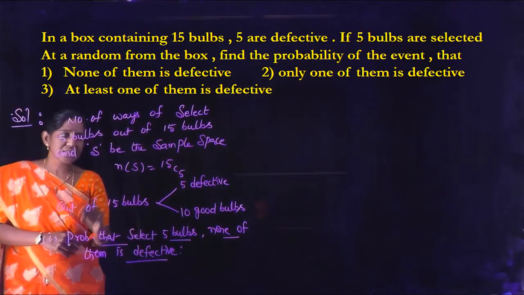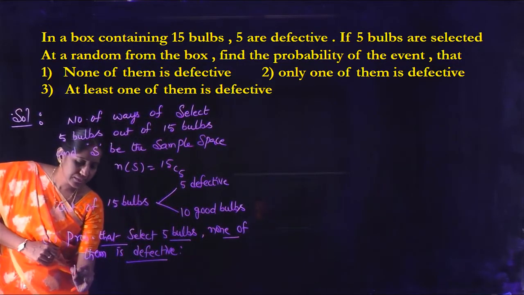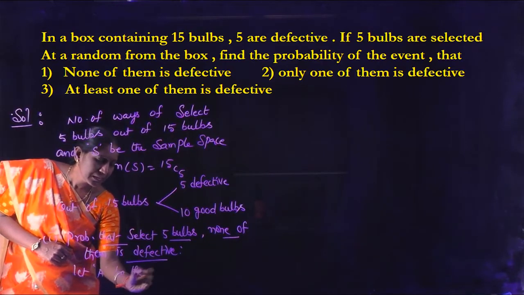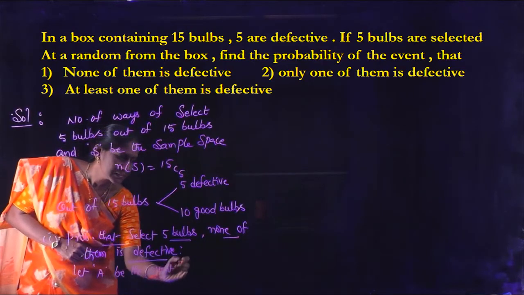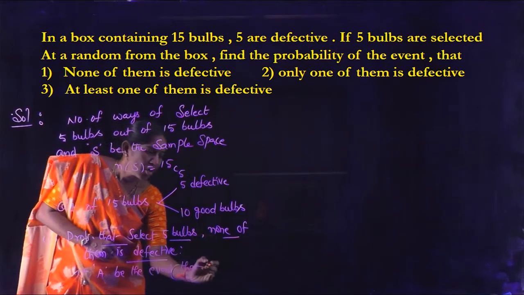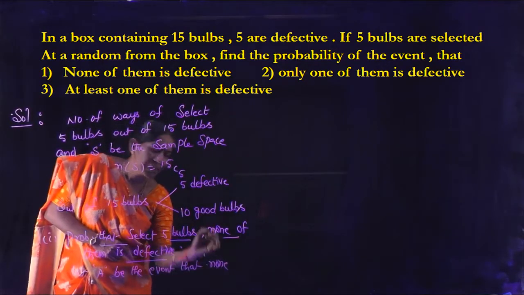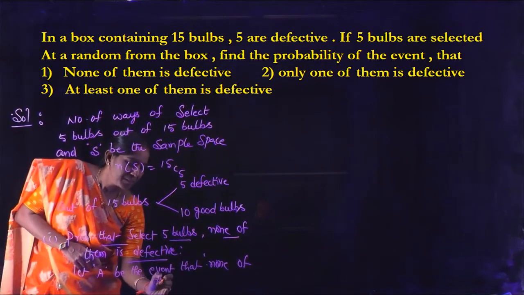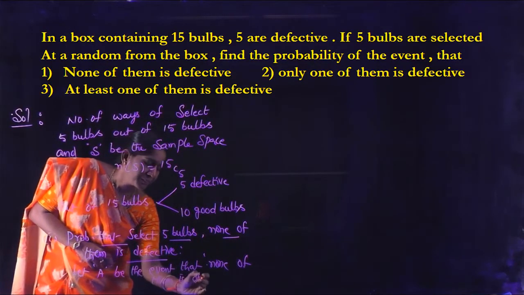So take it as event A. Let A be the event that none of them is defective.